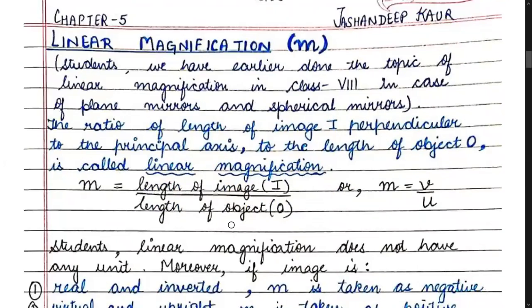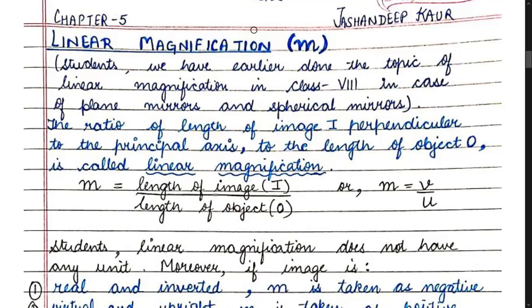Now students, in class 8th, we also studied linear magnification, which was termed simply magnification also, and it is denoted by the symbol small m. We earlier did the topic of linear magnification in class 8 in case of plane and spherical mirrors also. So students, how do we define linear magnification?